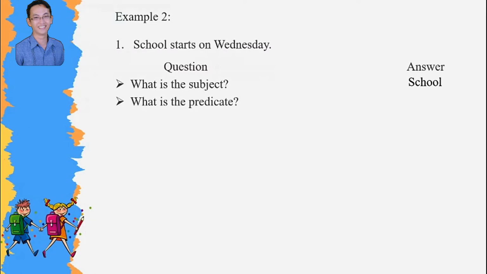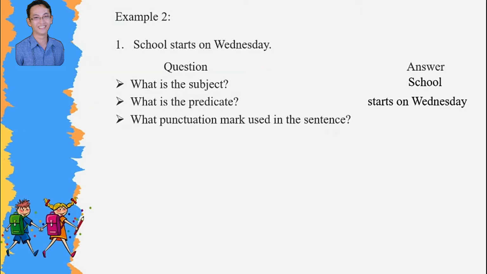What is the predicate? Starts on Wednesday. What punctuation mark is used in the sentence? Period. Does our sentence start with a capital letter? Yes. Starts with capital letter S. Therefore, it is a sentence.